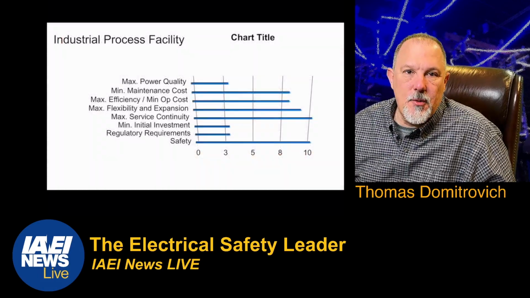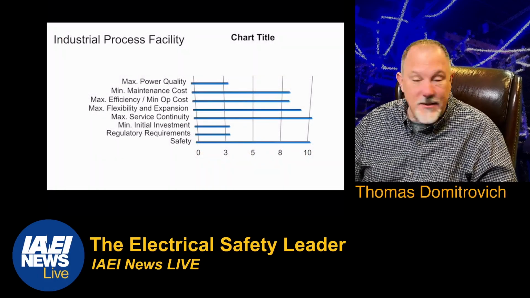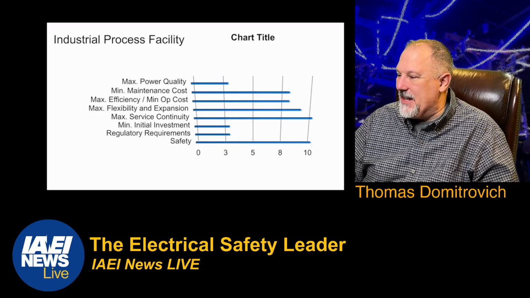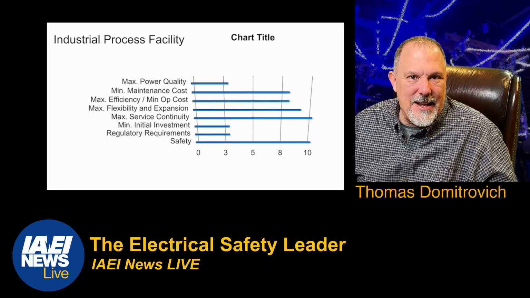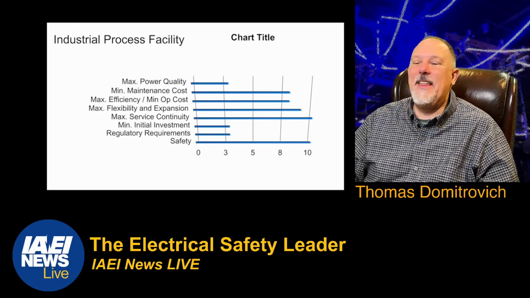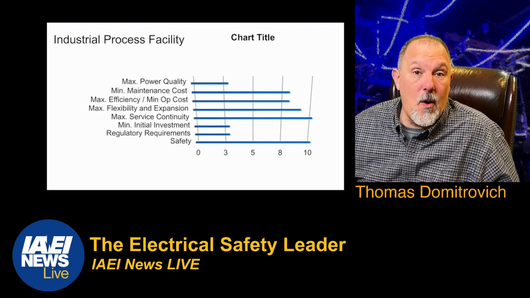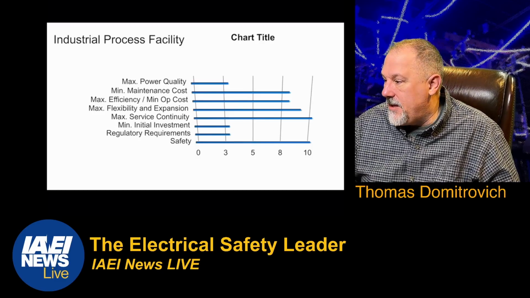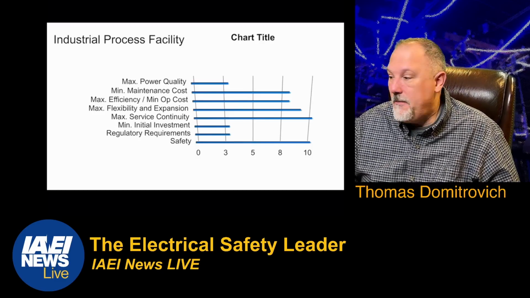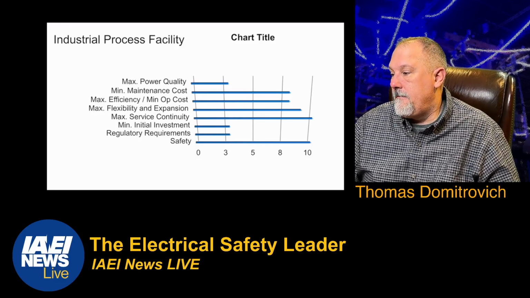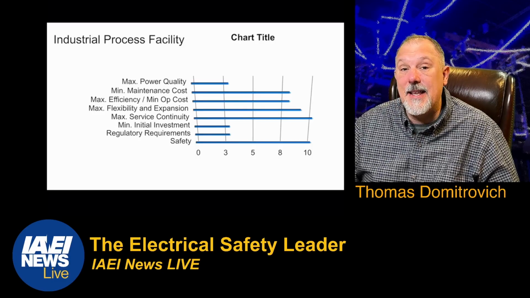Let's talk about industrial processes. Oh boy, look at these bars. They want minimum maintenance. They want minimum operating costs. They want maximum flexibility and expansion. They want maximum service continuity, and they want safety, and they want it all. And they want it probably at a minimum cost. Minimum maintenance, minimum operational costs, and the minimal initial investment isn't as high as the other bars.